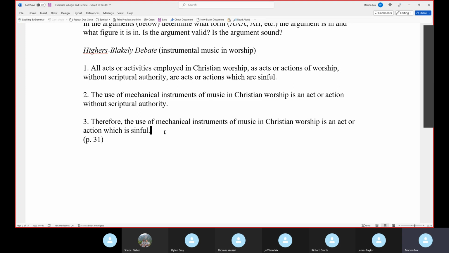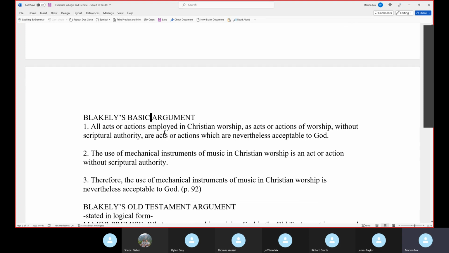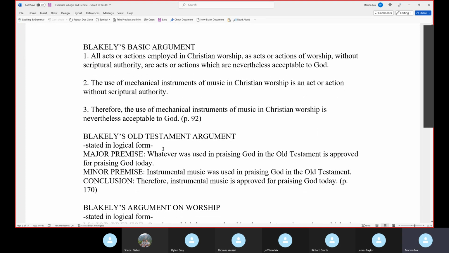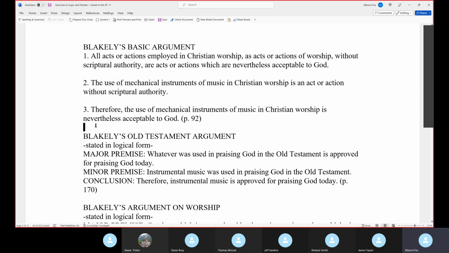So let's go to the next right here. This is Blakely, I believe was his name. It's his basic argument, and let's see what he argued. We're getting close to the end, so why don't we do this next week? You have this file, I believe. So what you do is start on this, and I want you to figure out what the middle term is, and the minor term, major term, and see what the form of his proposition is.